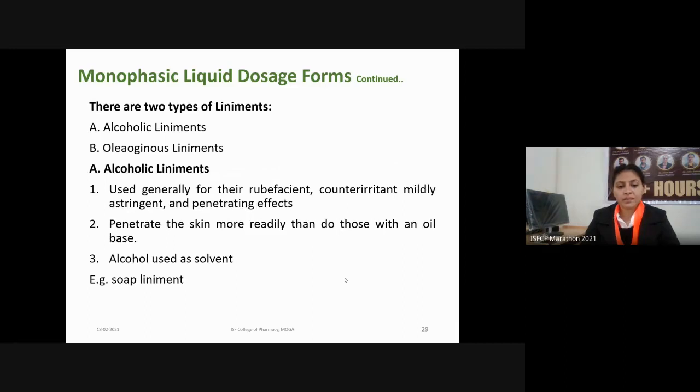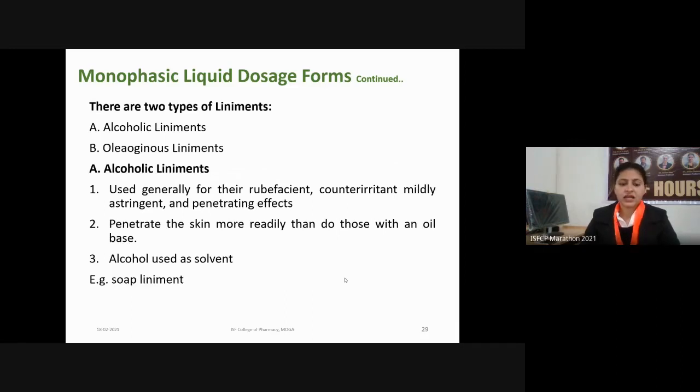They help to penetrate the skin more readily than those of the oil bases. If I want to enhance the penetration of the medicament in the skin, I can use these alcoholic liniments. They show better penetration because alcohol will act as a penetrating agent, as compared to oil base.